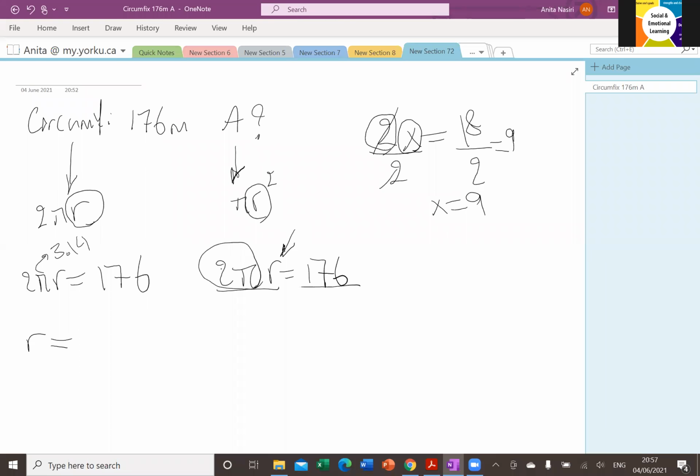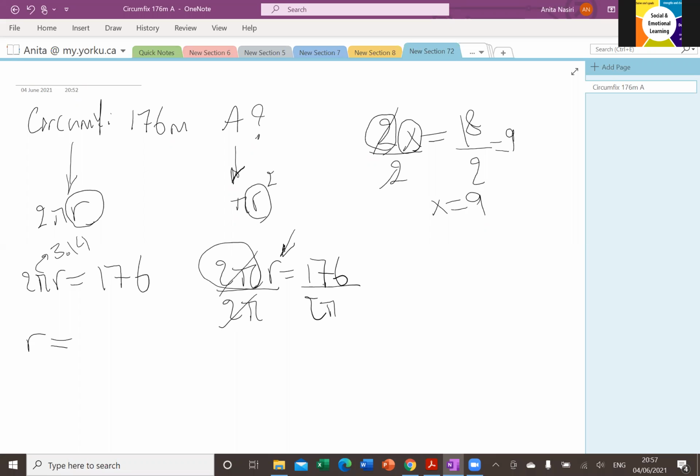In this case, 2 pi is the coefficient of r. So we divide both sides by 2 pi, and 2 pi and 2 pi go away.